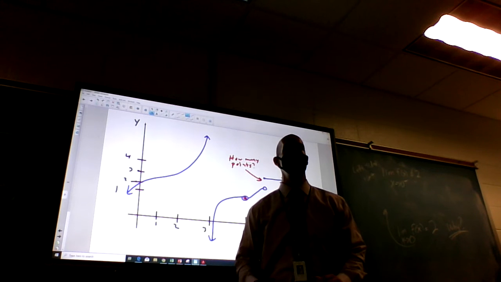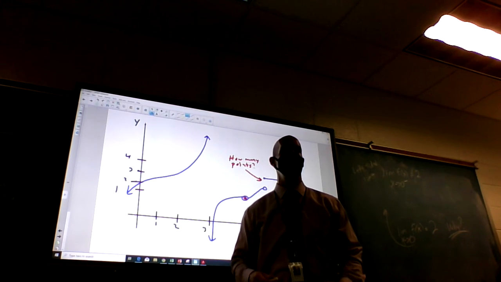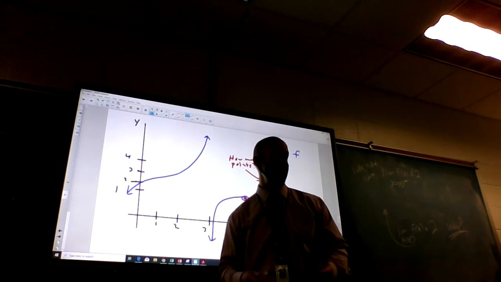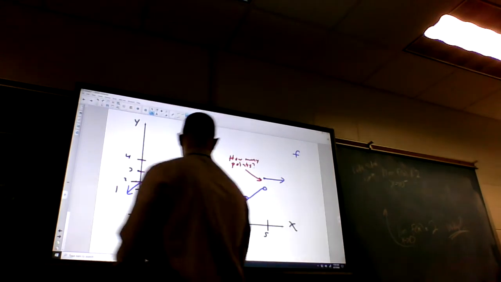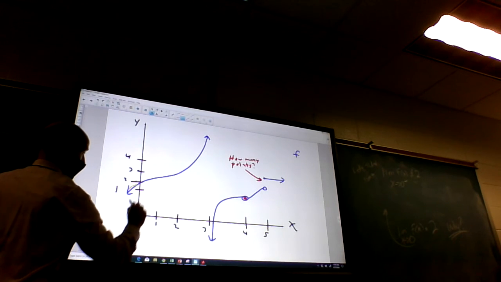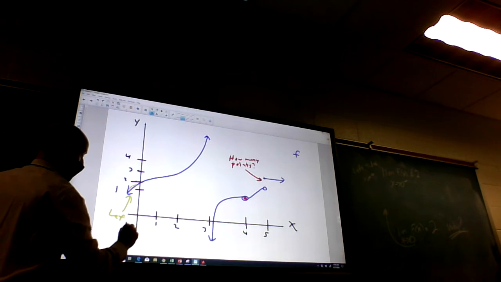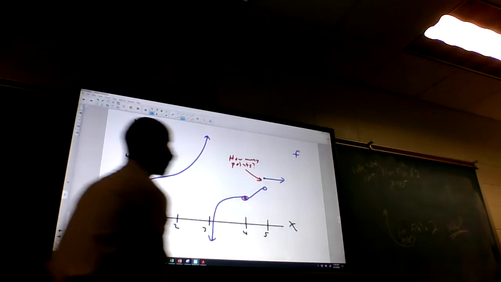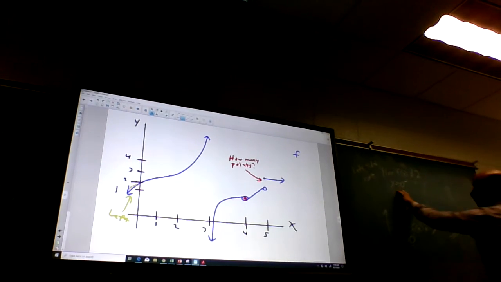So that'd be like negative 0.01, negative 0.001, negative 0.00001. You see what I'm saying? So if the ants are coming in from this side, you agree, that's the left side. Would you agree the ants are going to 2? So does this make sense? Yeah.